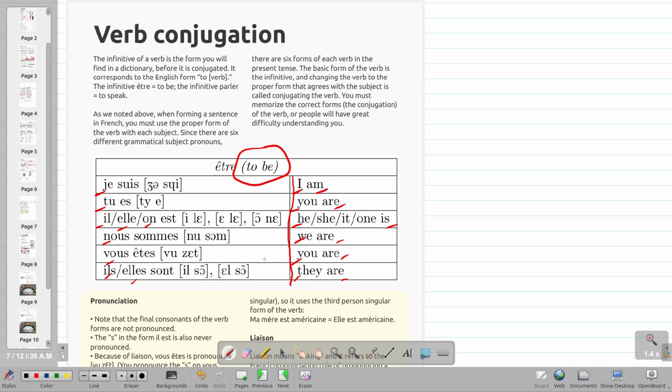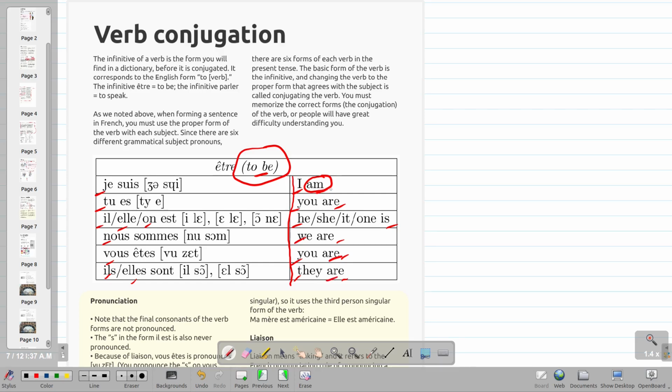So you can see now when we are saying things like I am, the am here is a conjugated form of the verb to be. You are, he is, she is, it is, one is, people are, we are, you are, they are.